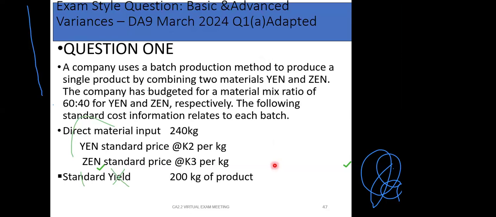At this point, let me pause a bit before we start looking at question 1 on variances. This question is from the DA9 diploma paper, March 2024.